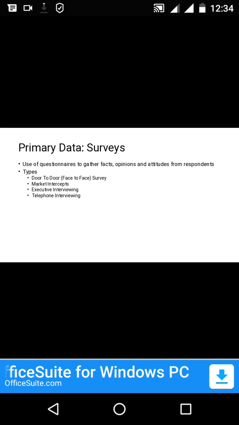What will happen in a telephonic interview? You will have a telephone directory, and this directory will have the telephone numbers of the whole population from whom you want to collect the data. Then you will pick up some telephone numbers at random, call up those numbers, and request them to answer your questions.